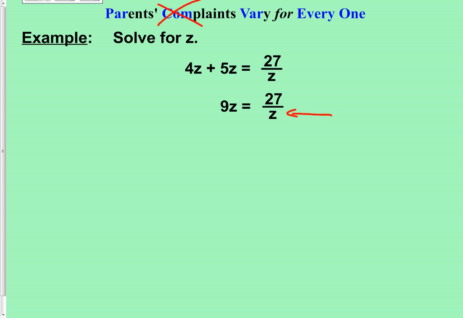Okay, so I am moving my variables to the left side because the right side is already kind of messed up. So I have z, and it's dividing the 27. I want to stop that z from dividing the 27. How do you stop something from dividing? By multiplying. So I'm going to multiply both sides of the problem by z.